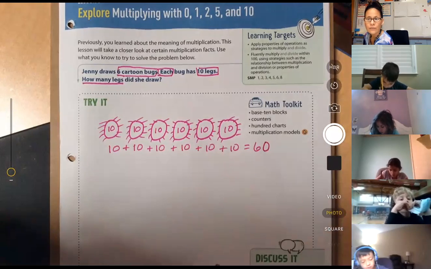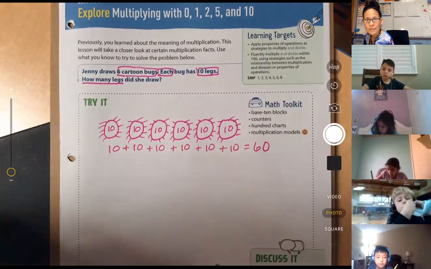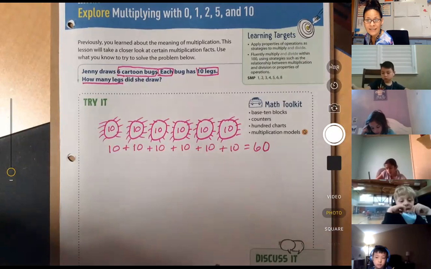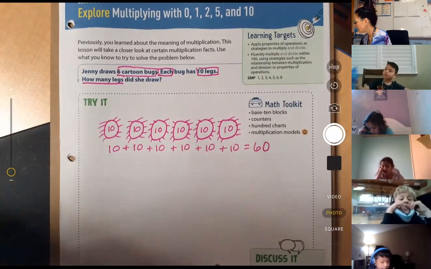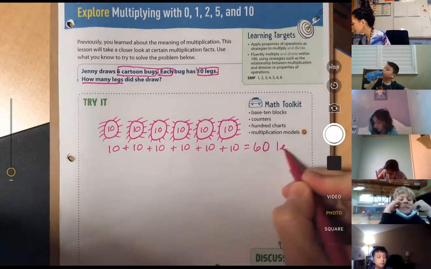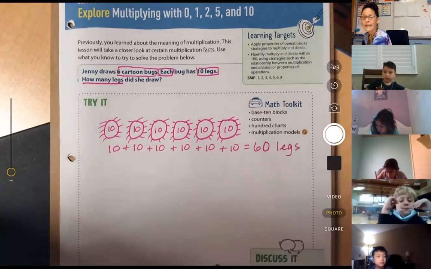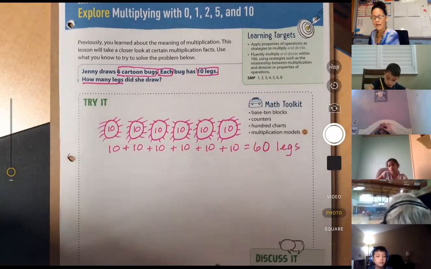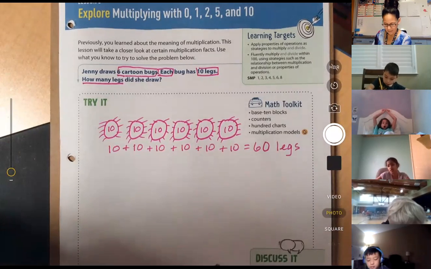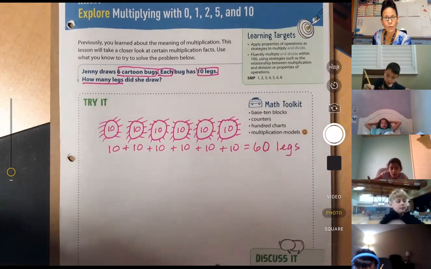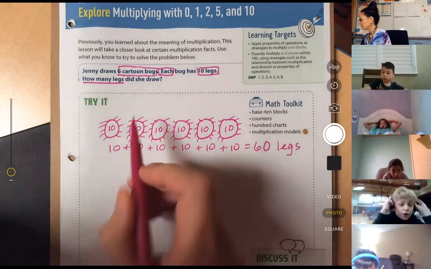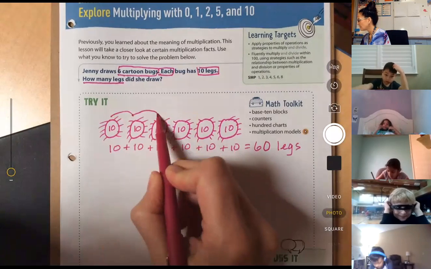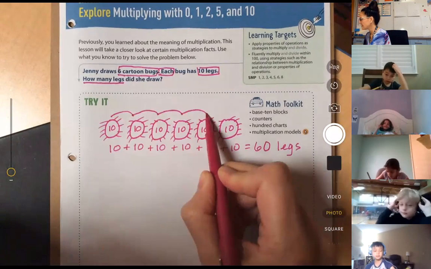And if we want to take it that next step, you're going to identify what that 60 actually is. And you're going to tell me it's 60 legs. Not just 60, it's 60 legs. Another way that we can take a look at this, we could say 10, 20, 30, 40, 50, 60.